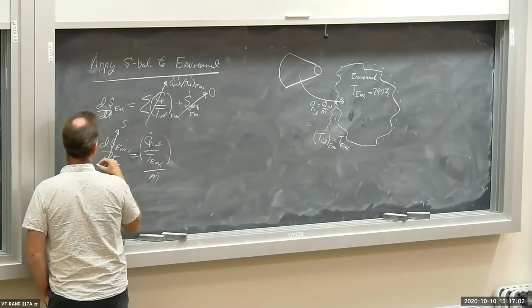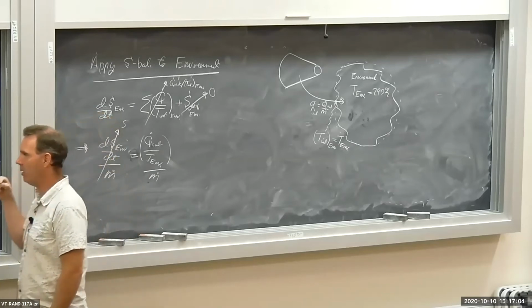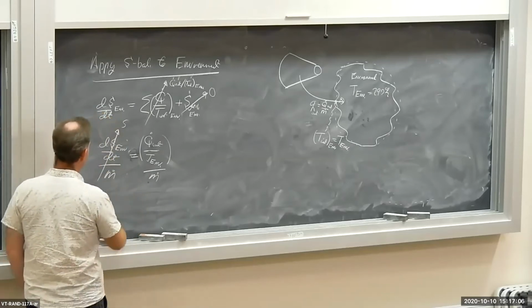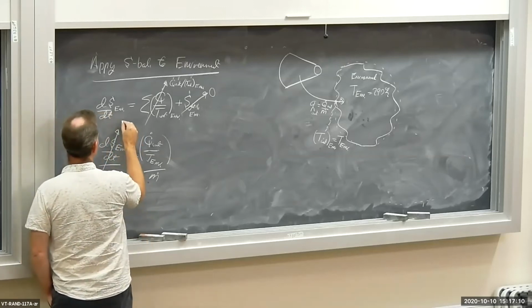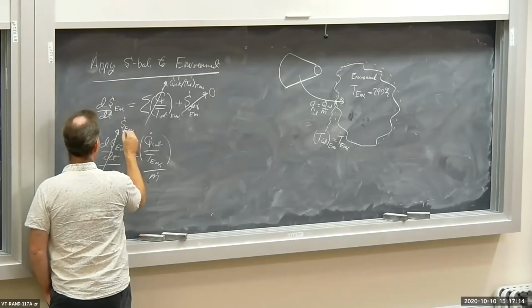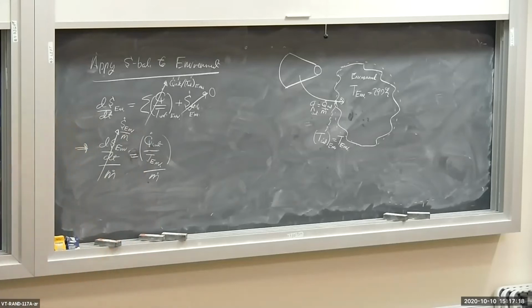I'll keep my notation how I did it in the introduction here. This will be S dot environment over m dot of air in through the nozzle.